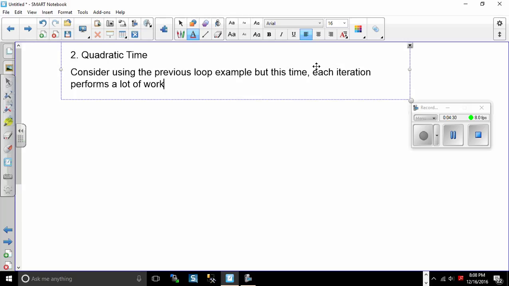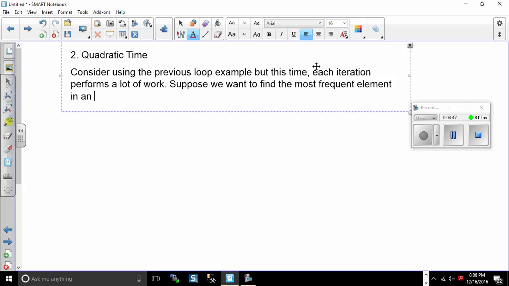An example of this: suppose we want to find the most frequent element in an array. What is this called? The mode.